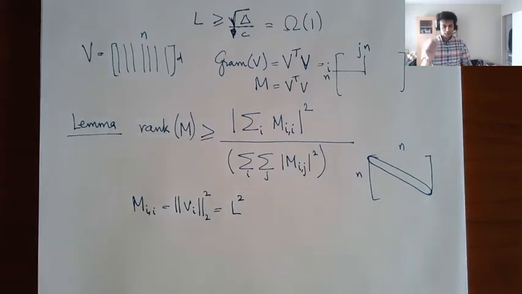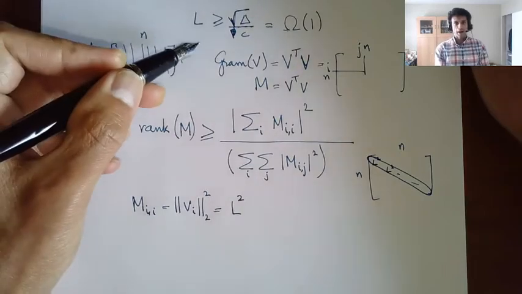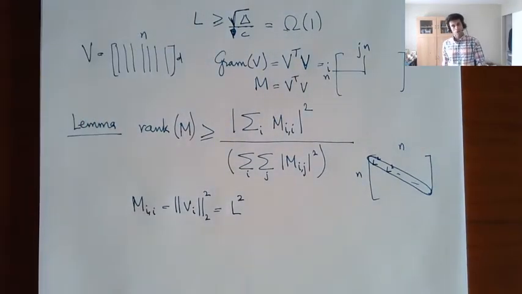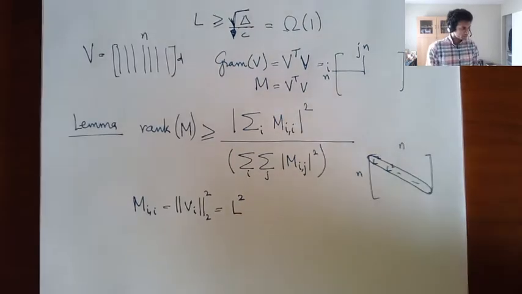So the diagonal entries are all L squared. And we have a lower bound on L. We know that L is at least a constant, and this was because there are many triangles. So this is why the triangles are important. The triangles are important to show that the diagonal entries, which is the length, is large.